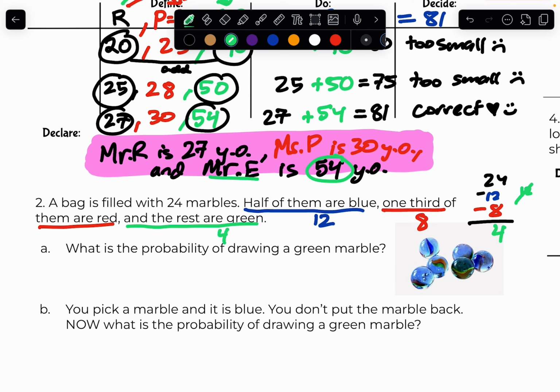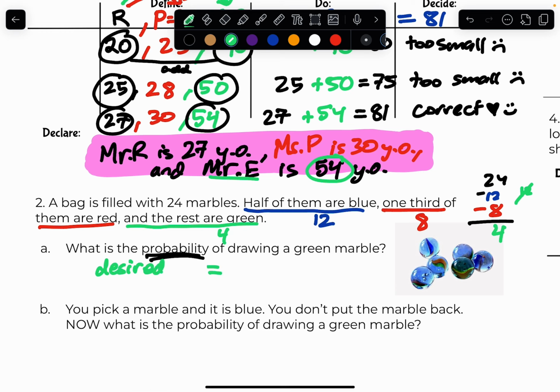Okay? So now, this is where we can start answering question A. Remember, probability has to do with the chance of drawing or pulling or rolling a dice and landing on a specific number. This one says your desired outcome is green. So how many desired outcomes are green?